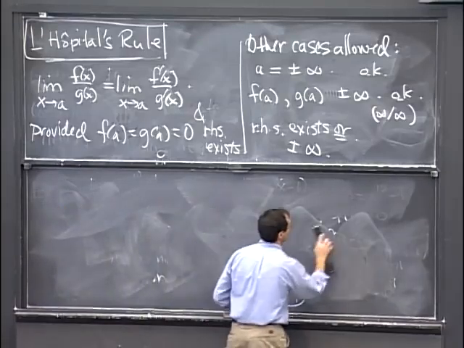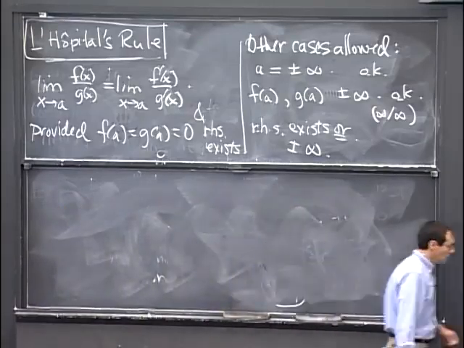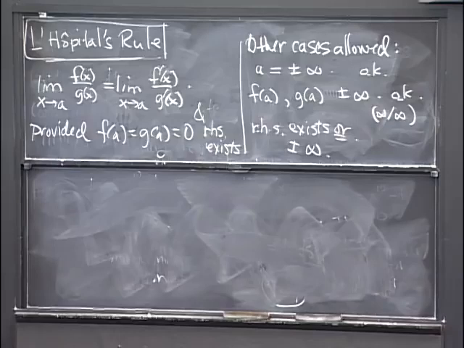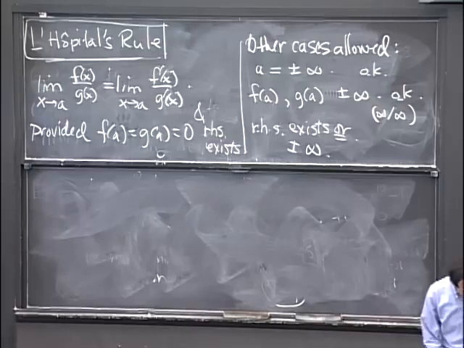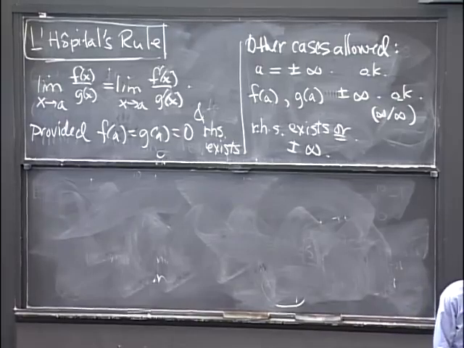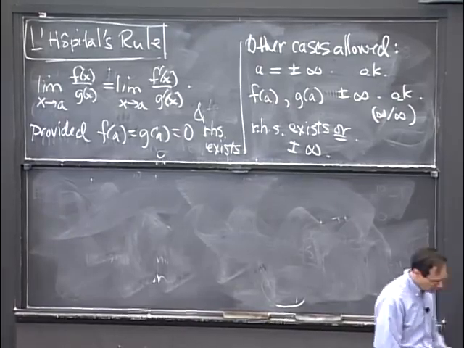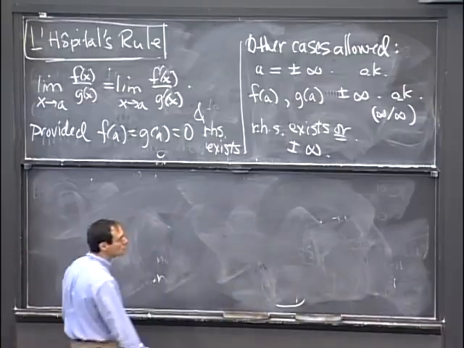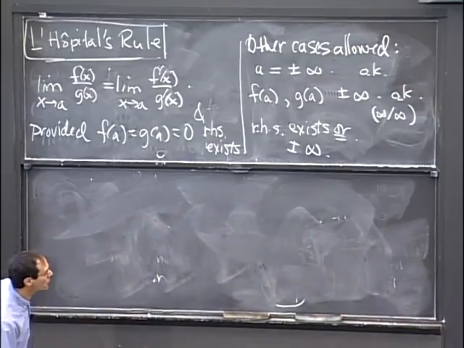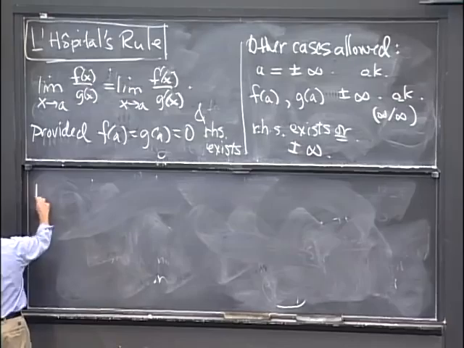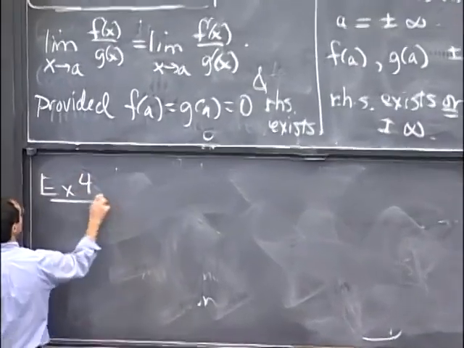So this basically handles everything that you could possibly hope for. And it's a very convenient process. So let me carry out a few examples. And let's see, I guess the first one that I wanted to do was x log x, right? So what example are we up to? Example 3, so example 4 is coming up.